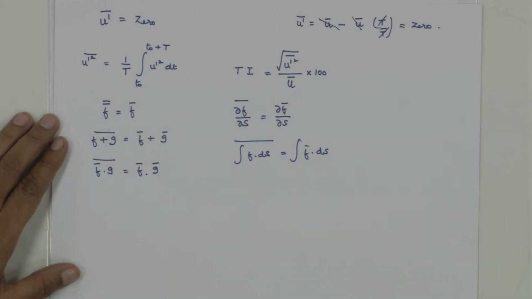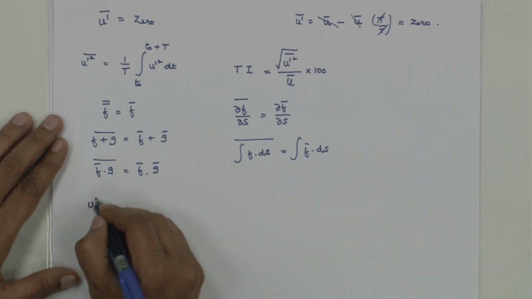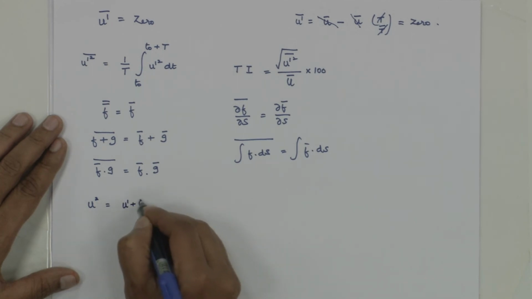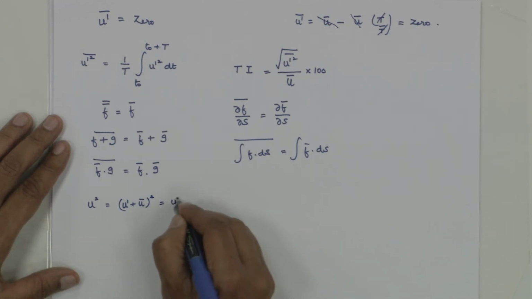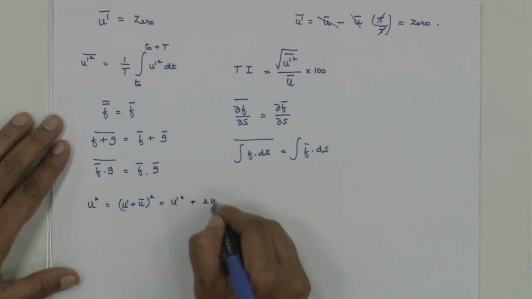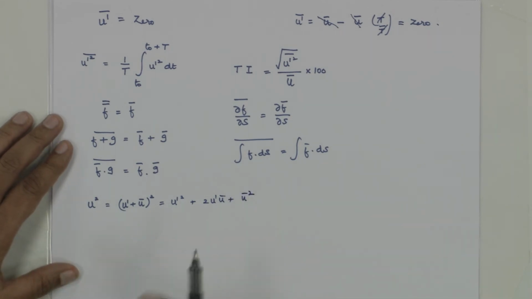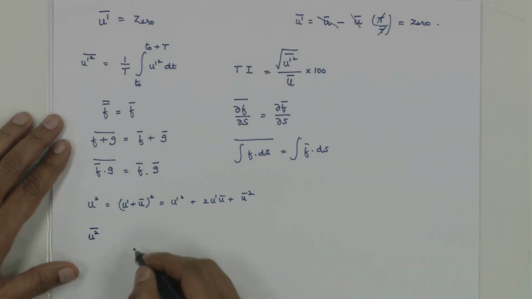everywhere in my relations. Just for practice, take u squared. u is nothing but u prime plus u bar, whole squared. Now this is going to be u prime squared plus 2 u prime u bar plus u bar squared. If you time average this, u squared bar, what will you get?